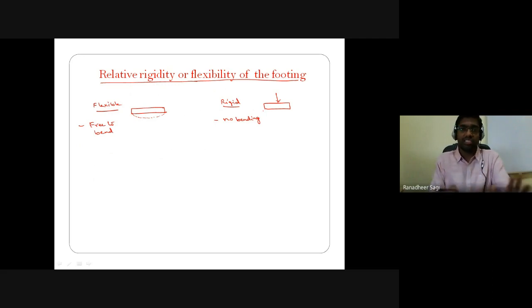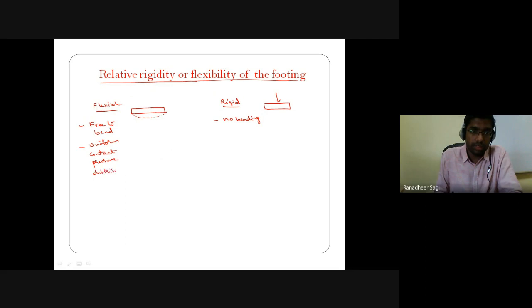Okay, so now let's recall what we have learned from the previous classes. We said in the case of the flexible footing, the so-called contact pressure distribution is considered to be uniform. And coming to settlements in that flexible footing, settlements are non-uniform.